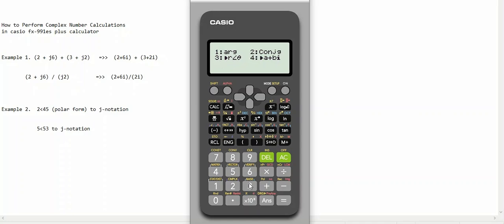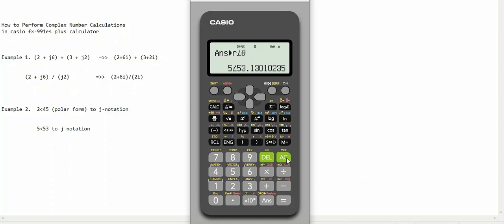If I press 3, it's asking whether I want to display my answer in polar form, where you have the radius and then the angle. If I click equal to, it takes me back to 5 at an angle of 53.10, which is the value we initially inputted here.